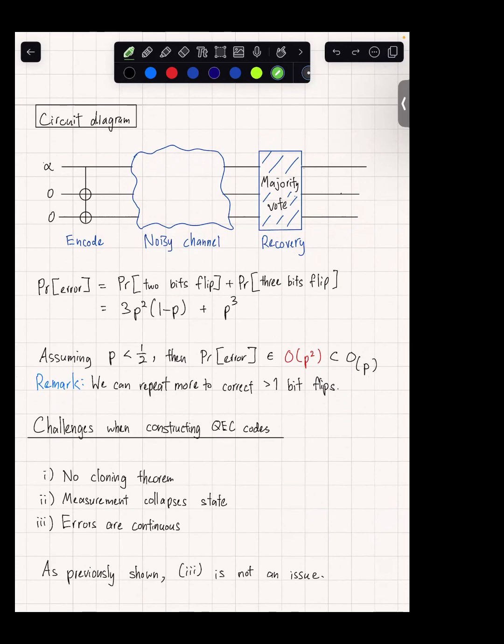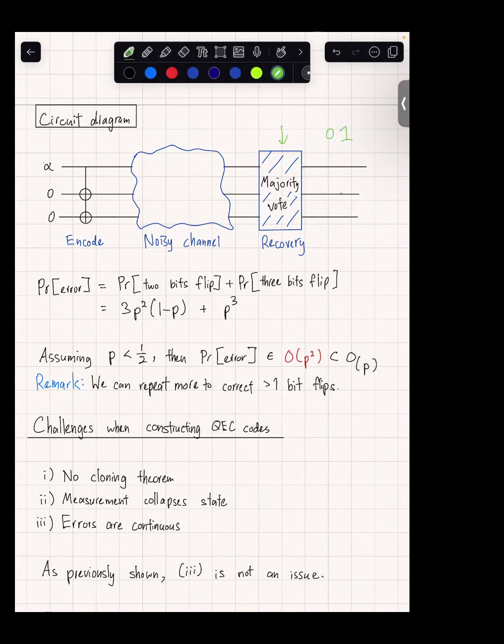In the recovery phase, what we would do is look at all the 3 bits and choose the bit that happens the most often. So let's say if 2 of the bits were 0 and 1 of the bits is 1, that means that we would pick 0 to be the final bit that was sent.